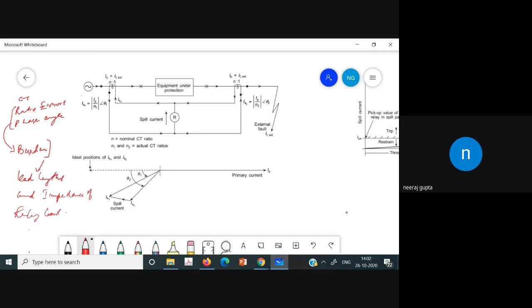Now, this error will increase with the increase in the external fault current.